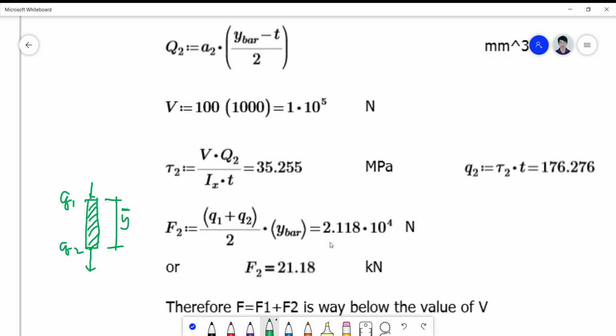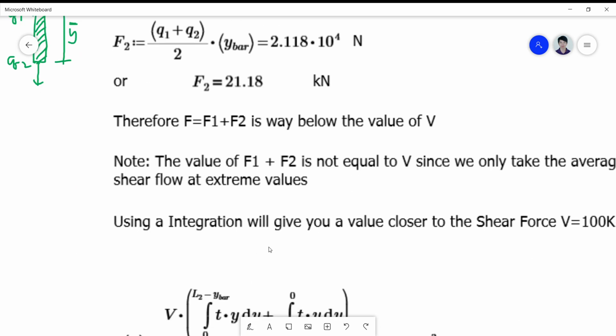And if I add the two, you will notice, class, that the final value of F1 plus F2 will not match your shear. So there's a very big error using only average values.